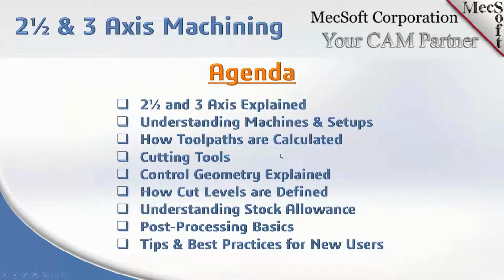And let's talk about the agenda for this webinar. We're going to start out from the basics. As I mentioned, 2.5 and 3 axis explained, what it is, and understanding machines and setups in our product. How do you set up machines, and also how do you create setups for machining? And then also how toolpaths are actually calculated by the system. An internal understanding of how this is done might be useful when you're programming or when you're creating toolpaths. We'll talk about cutting tools, control geometry, how we can use control geometry for controlling where you want to machine and how you want to machine.